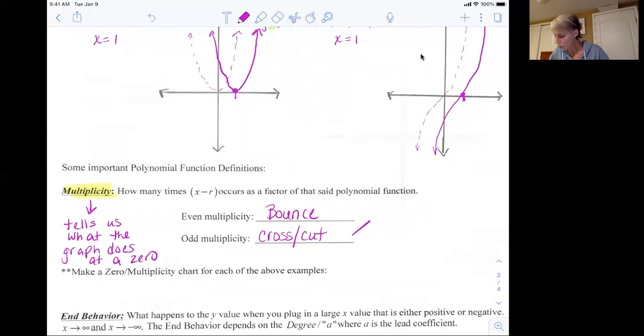We have just one more side note to make here. If the multiplicity is 1, or if the factor occurs one time, it's going to cross straight through. And if it's 3 or more, so if it's an odd number, 3, 5, 7, 9, whatever the case may be, it's going to flatten out and then cross through.